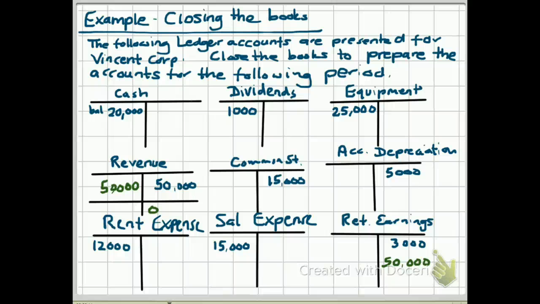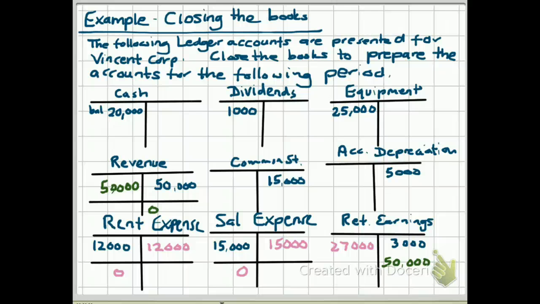We're going to credit $12,000 to rent expense, $15,000 to salary expense, and then we can add both those totals up and debit retained earnings for $27,000. By doing that journal entry, what we did was we brought the rent expense balance to zero and the salary expense balance to zero. We've closed out our expense accounts.